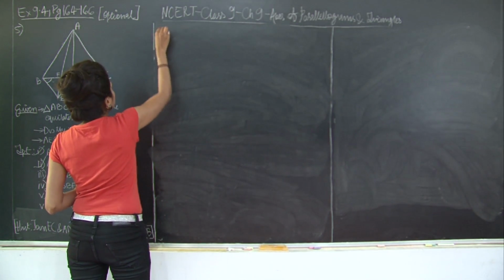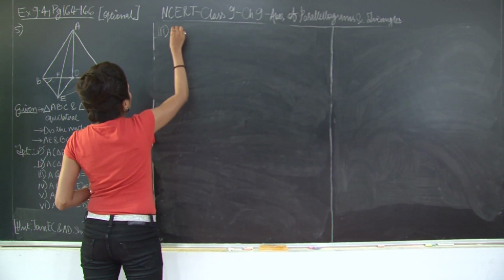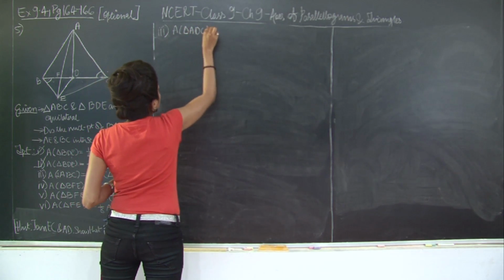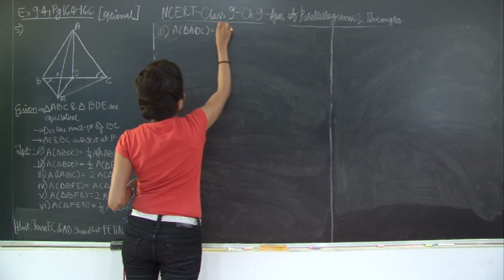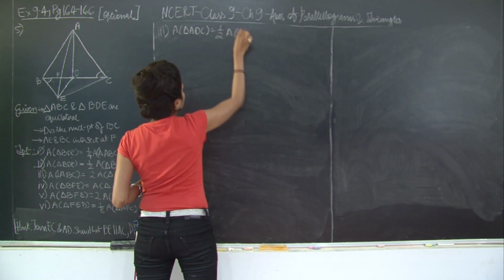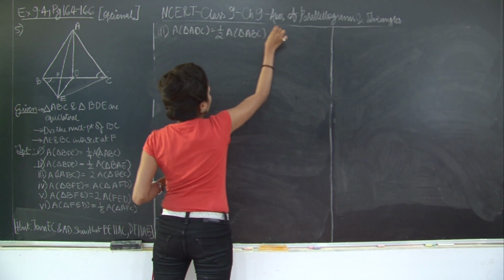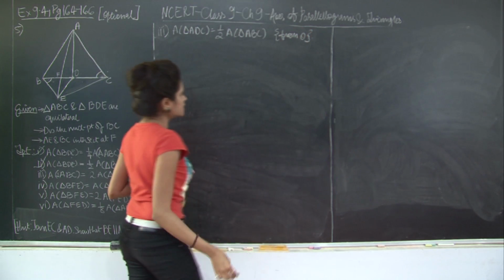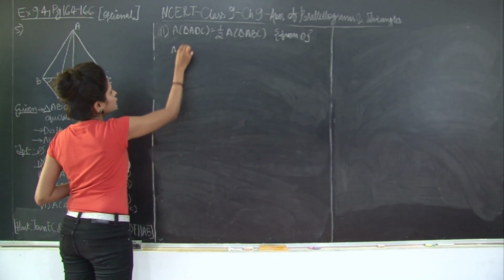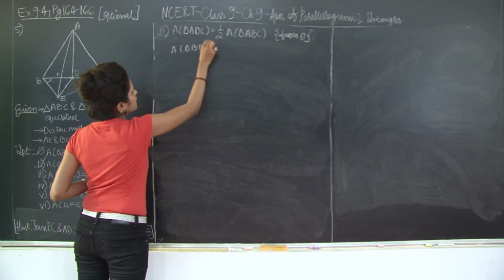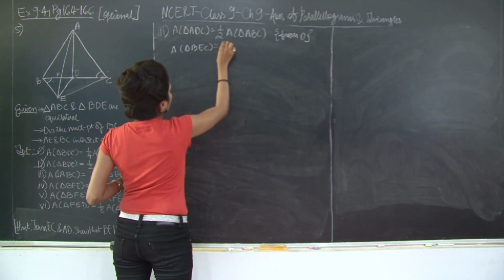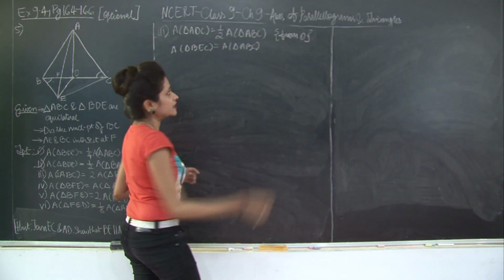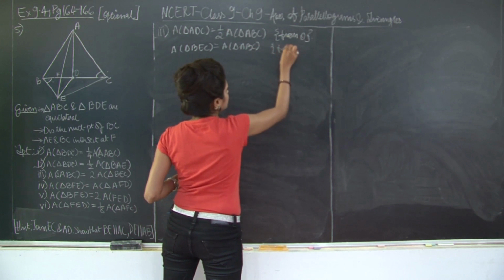So, third part, area of triangle ADC is equal to half area of triangle ABC, I will say from 1, right, and area of triangle BEC is equal to area of triangle ABC. I think this was the third point. So, I will say from 3.